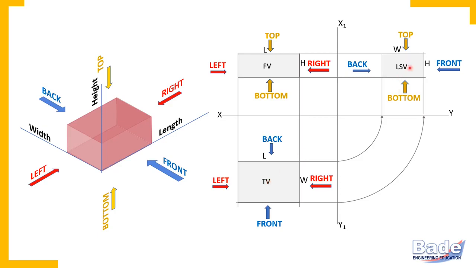And in the side view, left side and right side overlap and cannot be differentiated. In the front view, front and back overlap, but the other 4 sides, right, left, top, bottom, can be indicated. In the top view, this is right side, left side, back side and front side. And in the side view, you can indicate all other 4 sides: front, back, top and bottom.